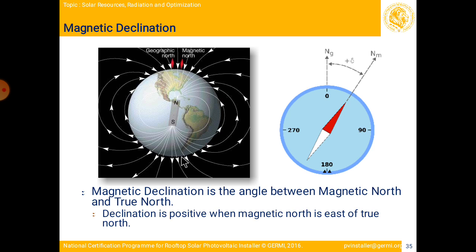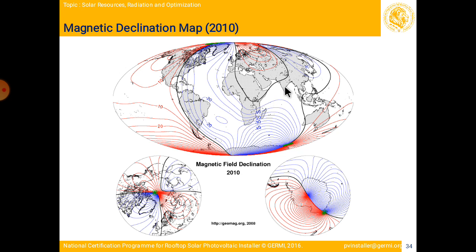This is the geographical north, NG, and this is the magnetic north, NM. The angle created on the earth from NG to NM is called the declination, or magnetic declination angle. So magnetic declination is the angle between magnetic north and true north. From this diagram you can see the position of our country, and we need to find out how much angle it is magnetically declined for a better output of the solar PV module.